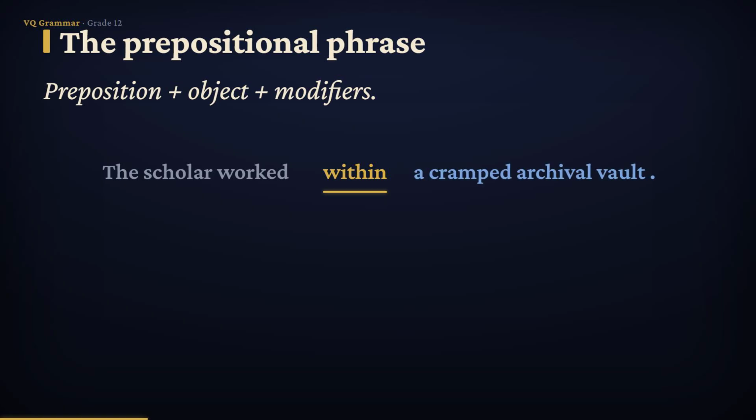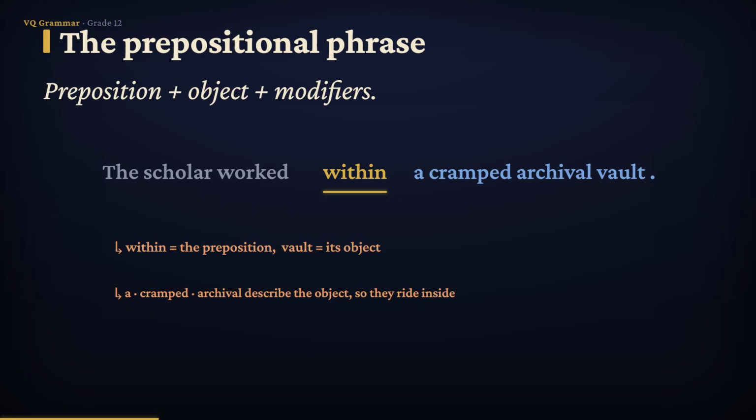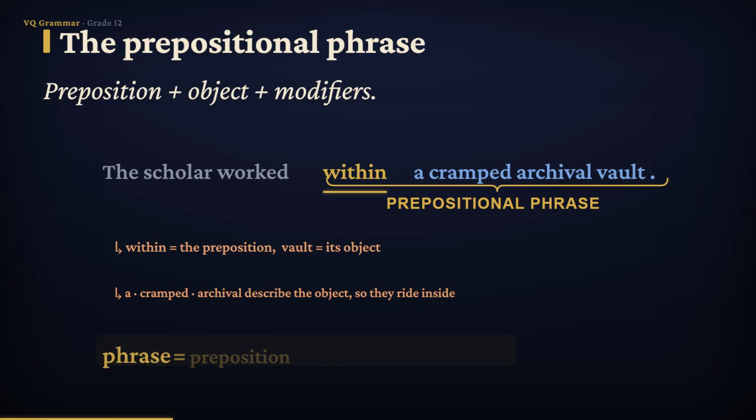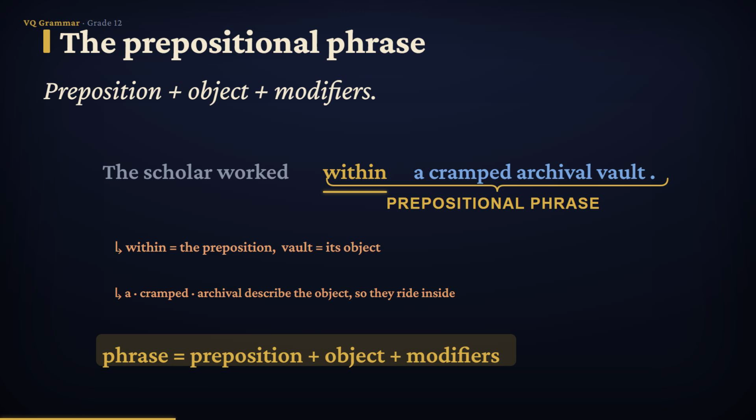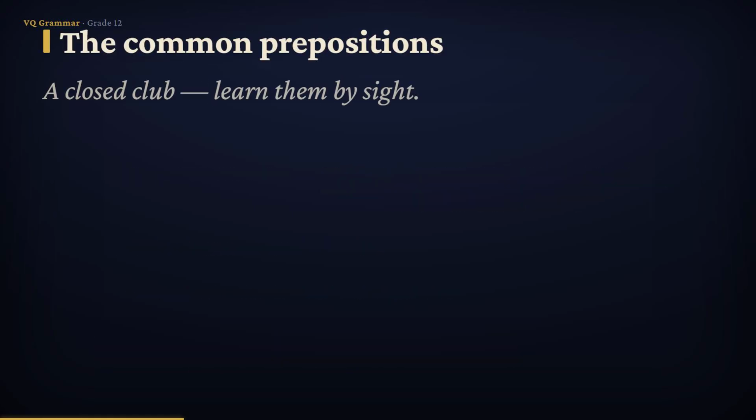And the noun vault is the object of the preposition, the word the preposition points to. Now, notice the little words a, cramped, and archival. They describe the object, so they travel along inside the phrase too. Put it together and you get a clean formula. A prepositional phrase equals the preposition plus its object plus any modifiers of that object.